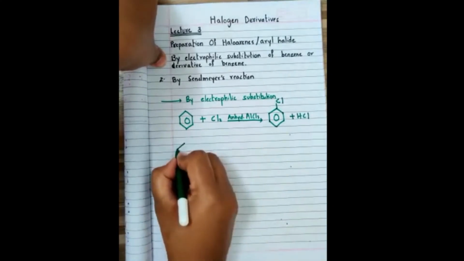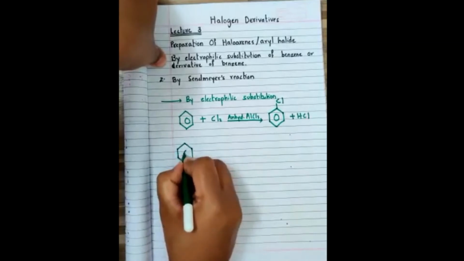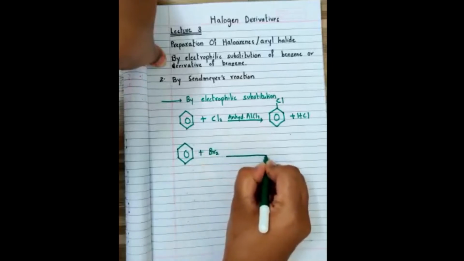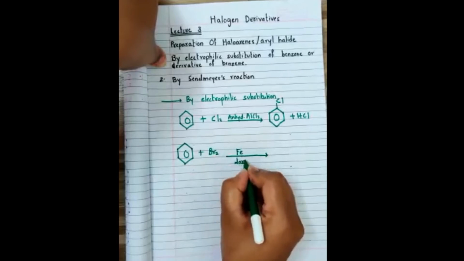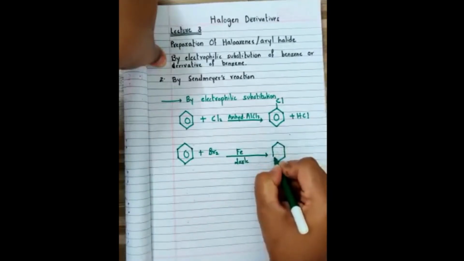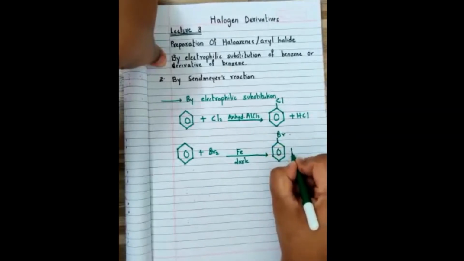Similarly, if we have benzene and by doing the direct bromination of this benzene, again in presence of some suitable Lewis acid like iron in dark, it will undergo electrophilic substitution reaction resulting in the formation of bromobenzene.